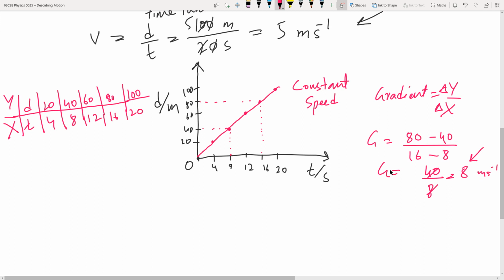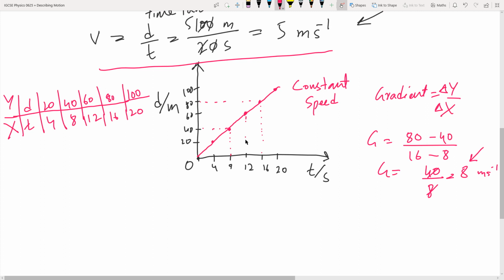So the gradient can also be referred to as the steepness of this graph. If we plot these graphs like this, this is what the gradient is at any point. We can do this now.